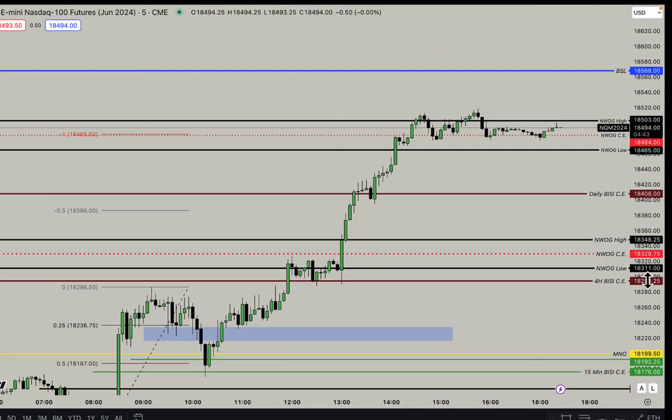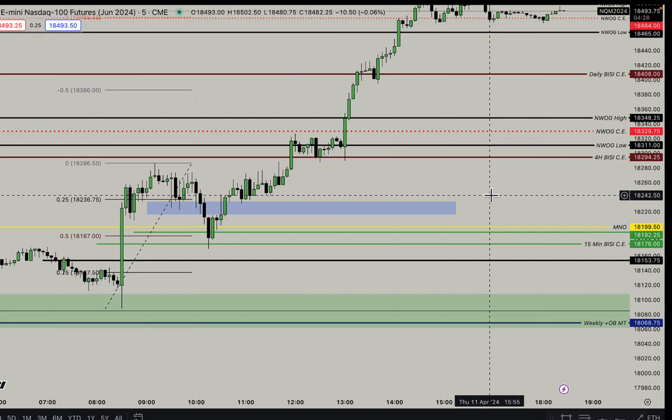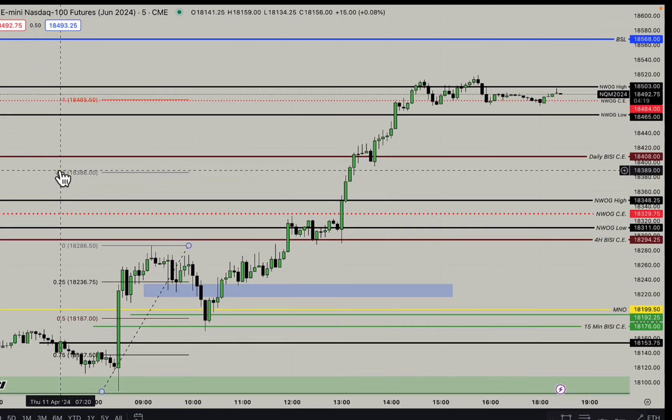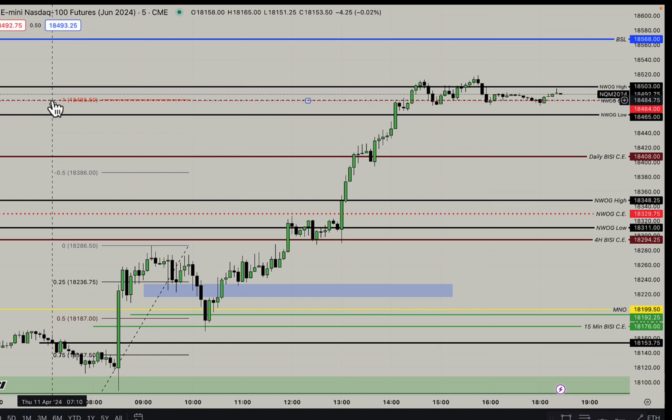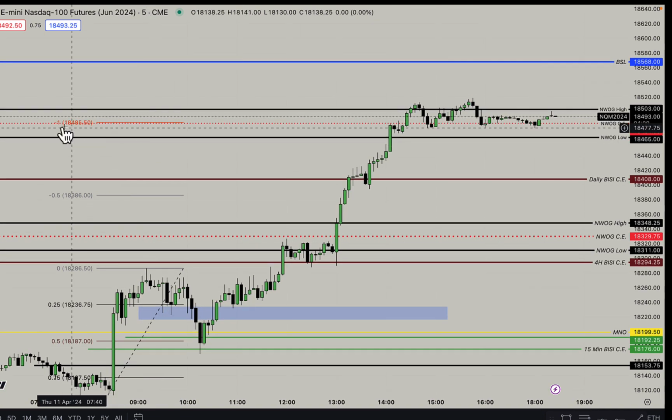We have low to high of this Dillon range, our fib projections. We have 50% and then the -1 standard deviation. Those are projections of where we could see price go to.